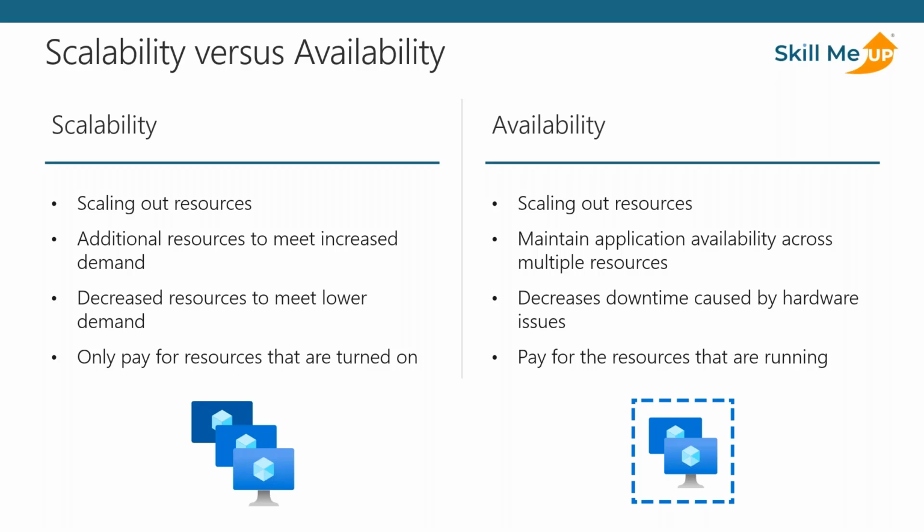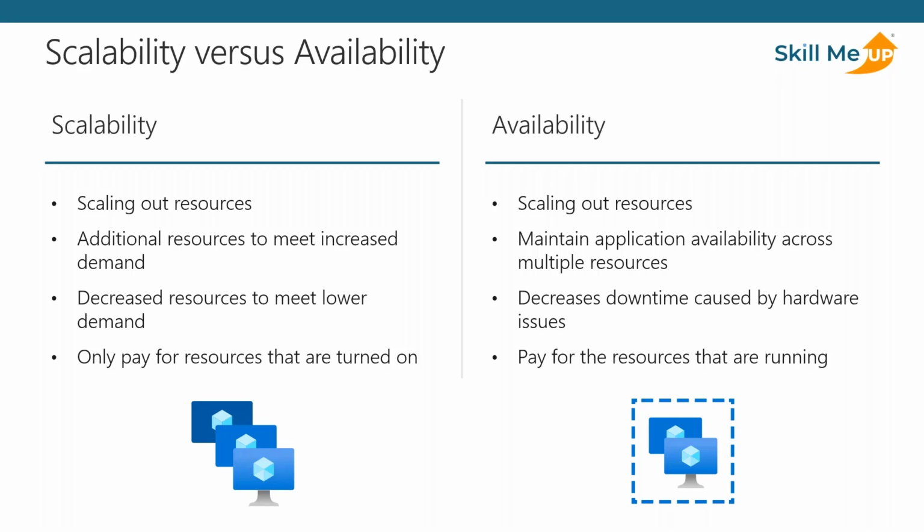And as I stated, this is really around an infrastructure as a service, or IaaS, type environment, because when you're running applications in a platform service, the scalability and availability are built in and already have a high level of availability as part of those services.